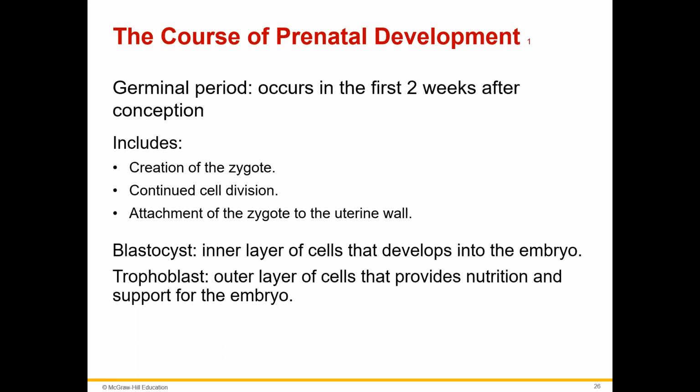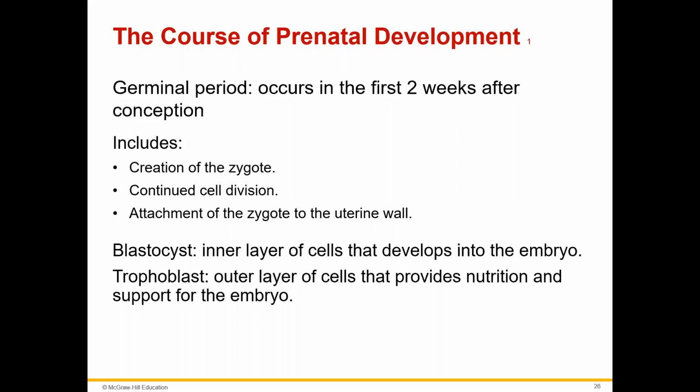The first of the three periods is the germinal period. This occurs in the first 2 weeks after conception, where fertilization takes place. It includes the creation of the zygote, that first one cell of life when a sperm meets an egg.